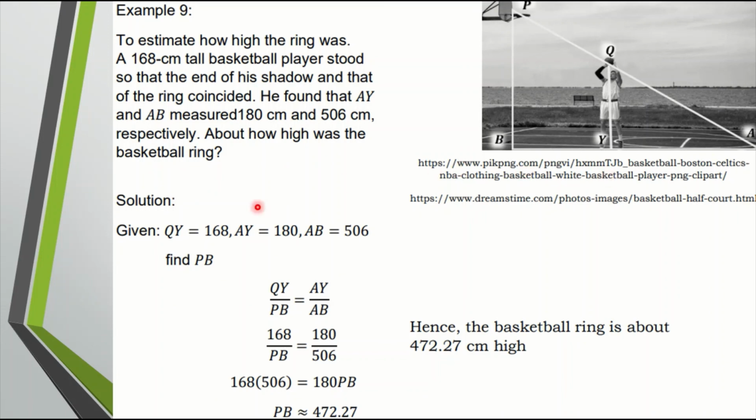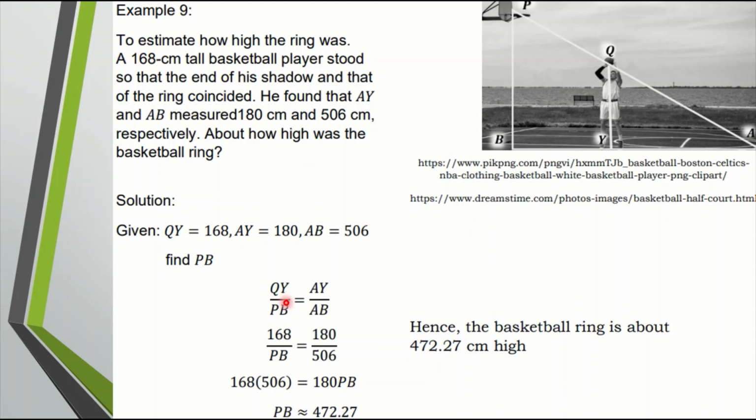So pwede natin gamitin yung formula kanina, which is QY, ito yon, base 1 over base 2 is equal to, let's say, nakatatayo natin siya. So nasa right siya. Upper right over whole right. Okay?